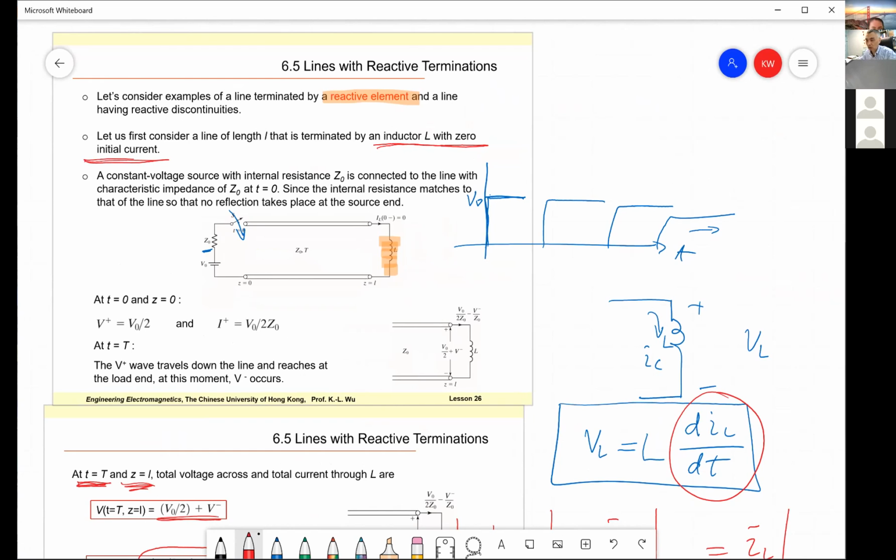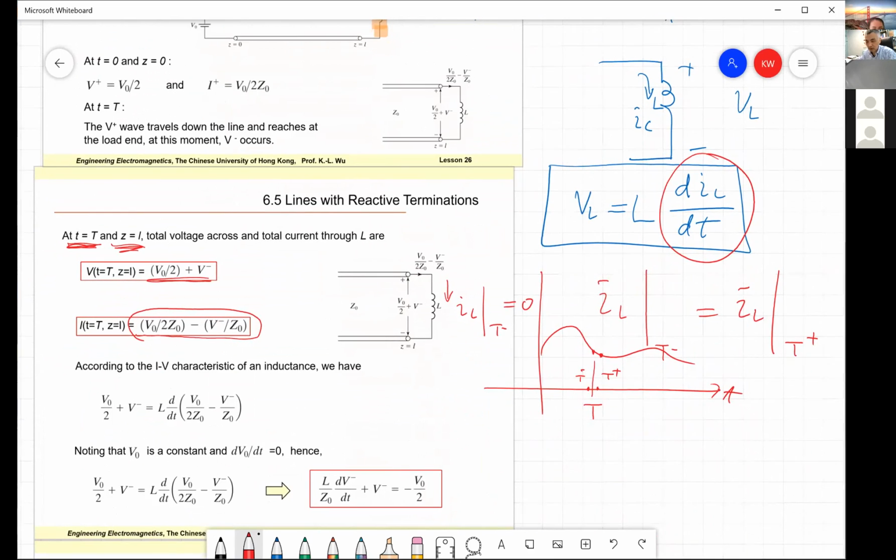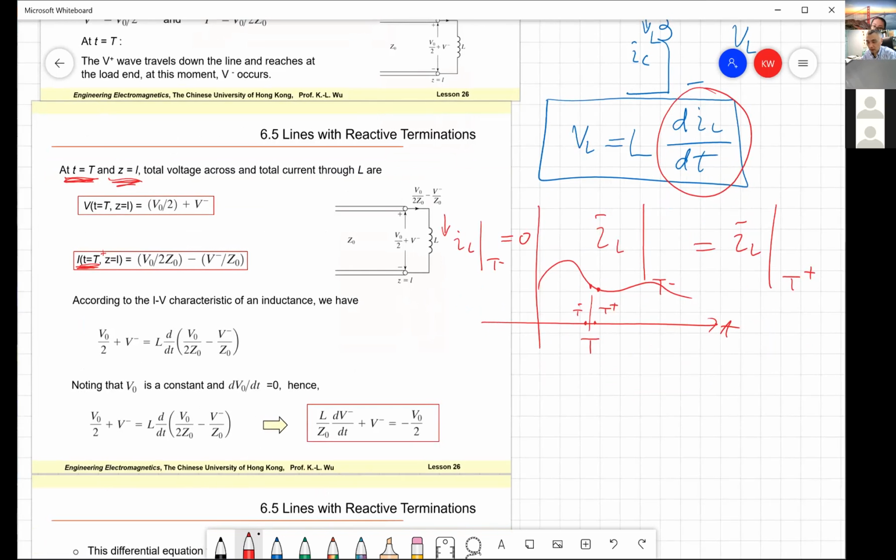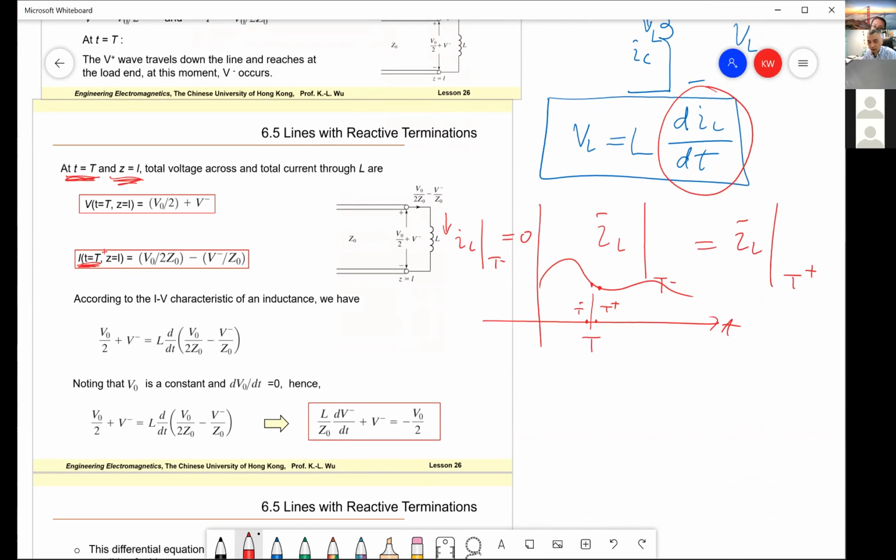Now at t, I should say t plus, we have this current value, symbolically.